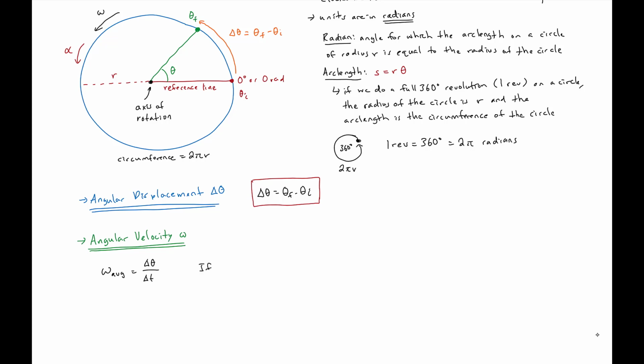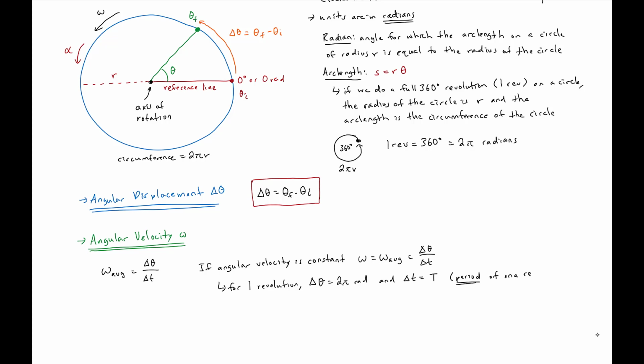If the angular velocity is constant, then that means omega is simply equal to the average omega, which is equal to delta theta over delta t, which means that for one revolution, delta theta is equal to 2 pi radians, and delta t is simply equal to T, the period of one revolution.